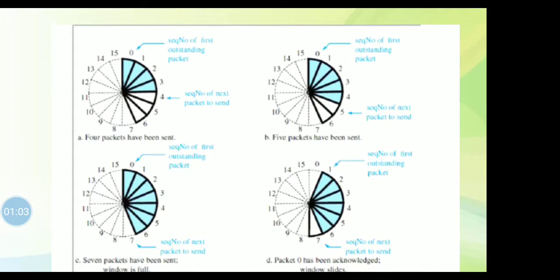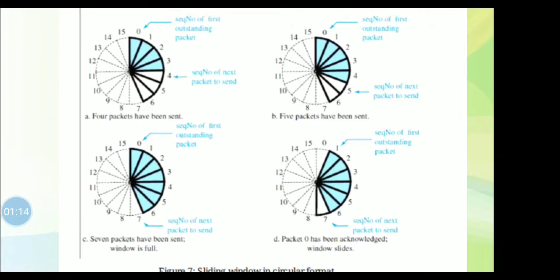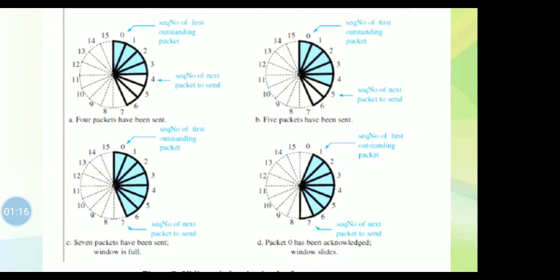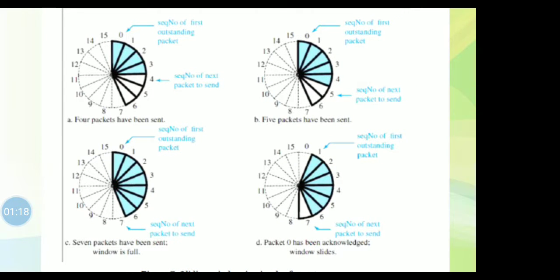Then you can see here 7 packets have been sent. Here packet 0 has been acknowledged, as it is not colored, so it has been acknowledged and the window slides.